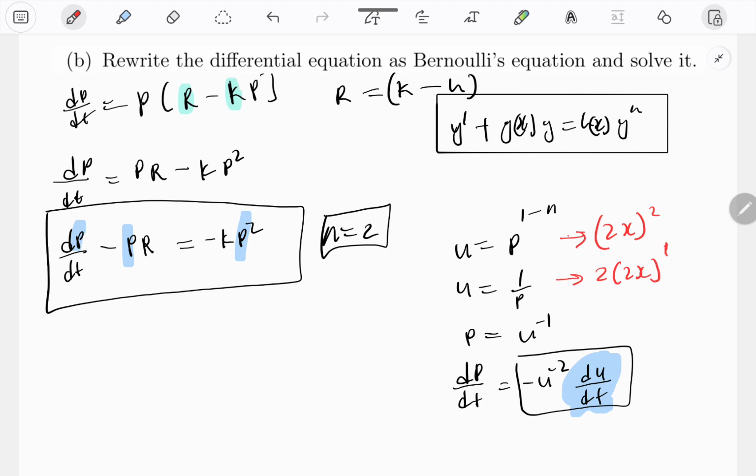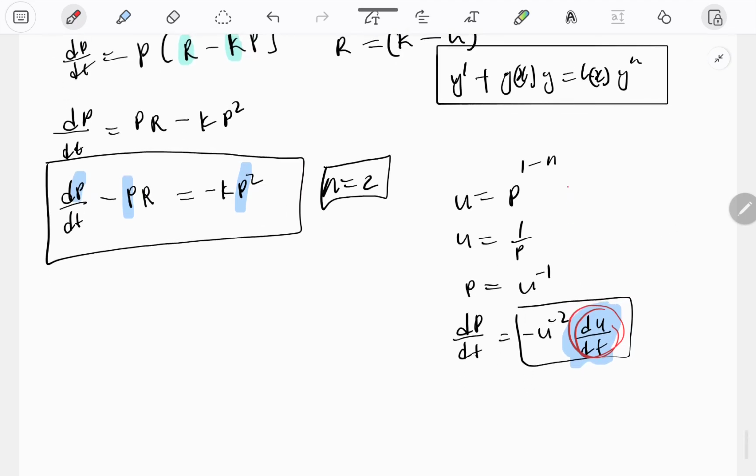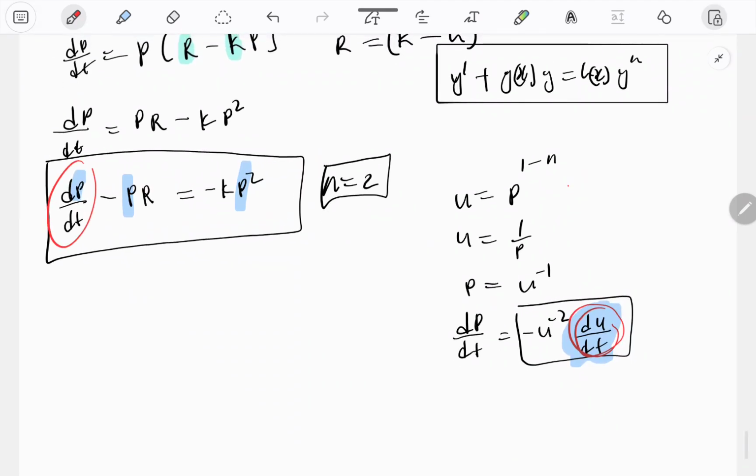Then you're going to differentiate what is inside, which is 2x, so you get the 2 outside. So this is the same method that I'm doing here. I'm differentiating what is inside.